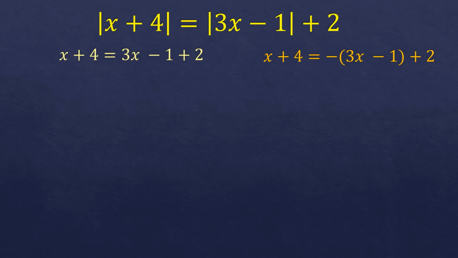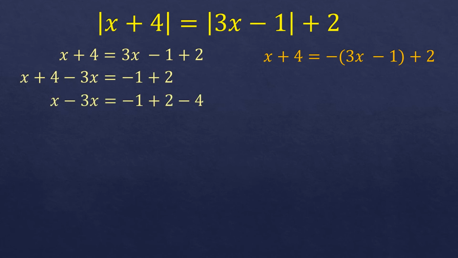So again, we will segregate the one with the variable and without the variable. So we're going to transfer the 3x to the left side, so it becomes negative 3x. And then we are going to transfer as well the positive 4 to the right side, so it becomes negative 4 when you transfer. So as you can see, it's now separated, the one with the variable and without variable.